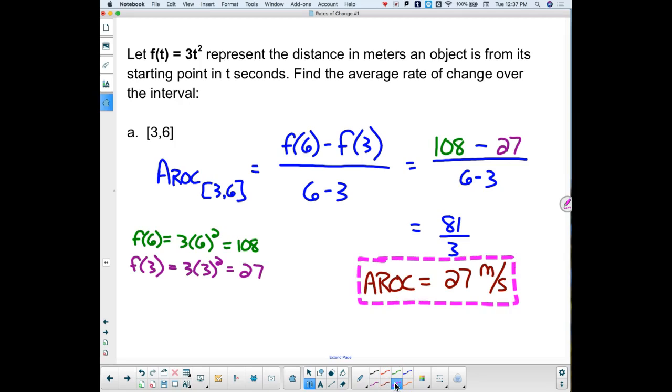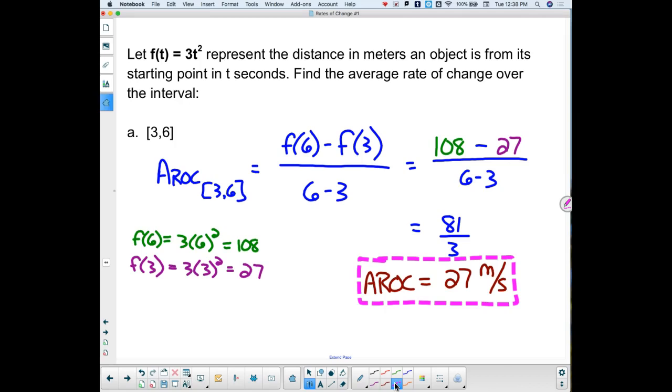Now, we found the AROC 4 to 8, right? We found the AROC 3 to 6. The AROC from 4 seconds to 8 seconds was 36 meters per second. The AROC from 3 to 6 was 27. What can you tell me about the object? From 3 to 6, it was 27.